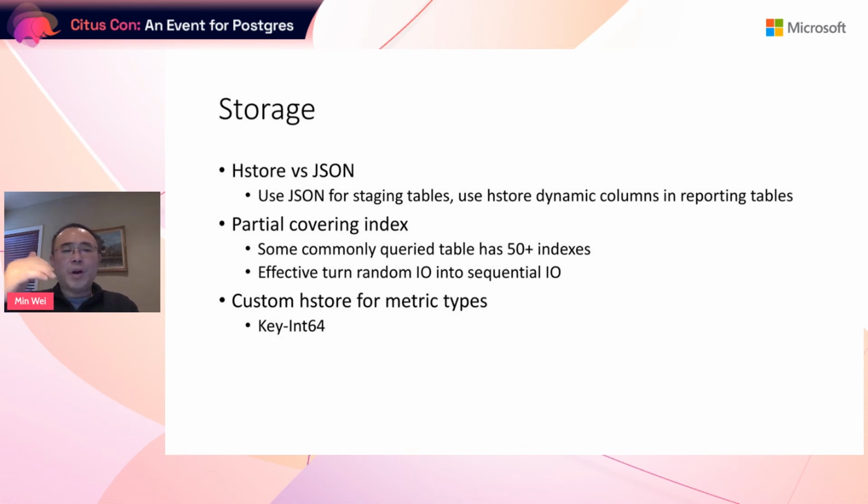At least from our experience, the HStore type is smaller, which means less I/O to fetch the data into the buffer pool. So this is just an experience I would like to share.